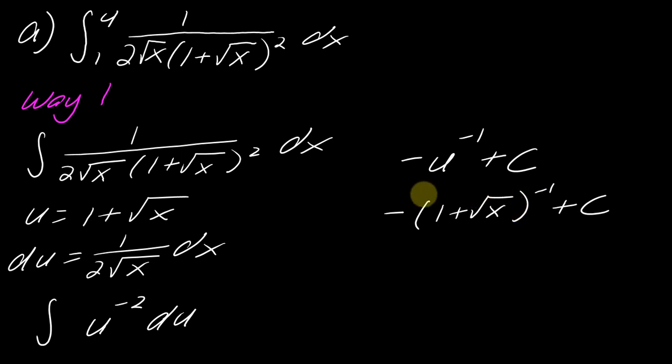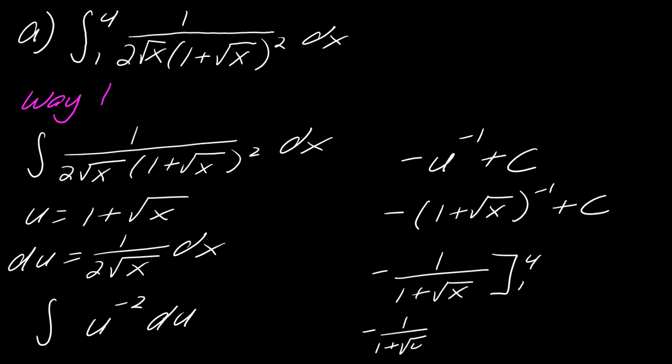Okay, so taking this part, now basically I'm just going to plug in my limits of integration. So this is going to be negative 1 over 1 plus the square root of x, and now I need to plug in 1 to 4. So if you do all of that, you're going to get negative 1 over 1 plus the square root of 4, plus 1 over 1 plus the square root of 1.